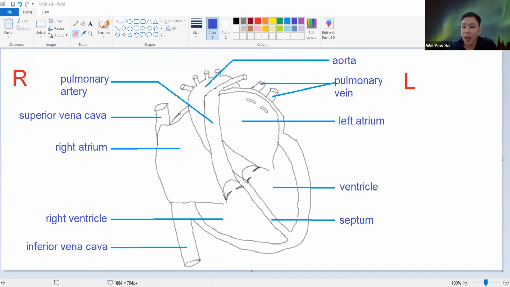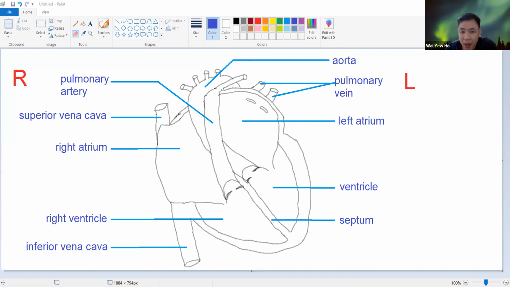Do you need to label the drawing? Yes, please label the drawing if possible. Can I sketch my drawing, like add shading, and do I put ventricle left or right? Alicia, if you have time, by all means, please shade the drawing. You may.